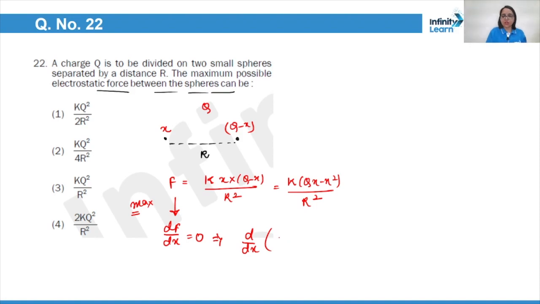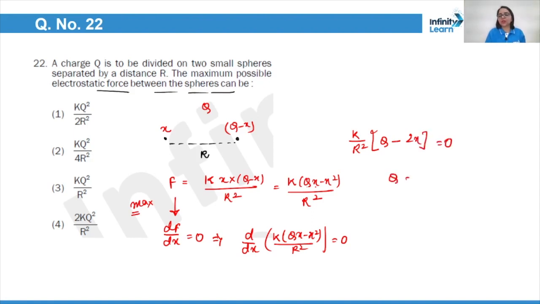We need to find the differentiation of k (Qx minus x square) divided by r square, and put it equal to 0. Let's keep k upon r square as it is. Differentiation of Qx will be Q only, minus differentiation of x square will be 2x, and it should be 0. So Q is equals to 2x and x is equals to Q by 2.